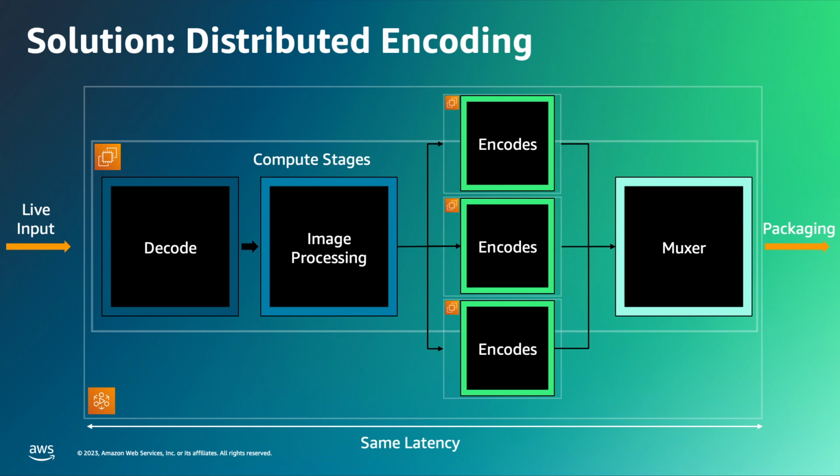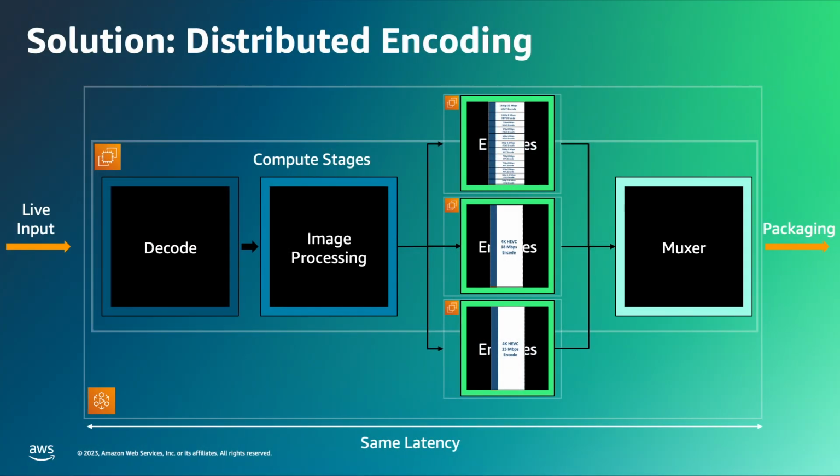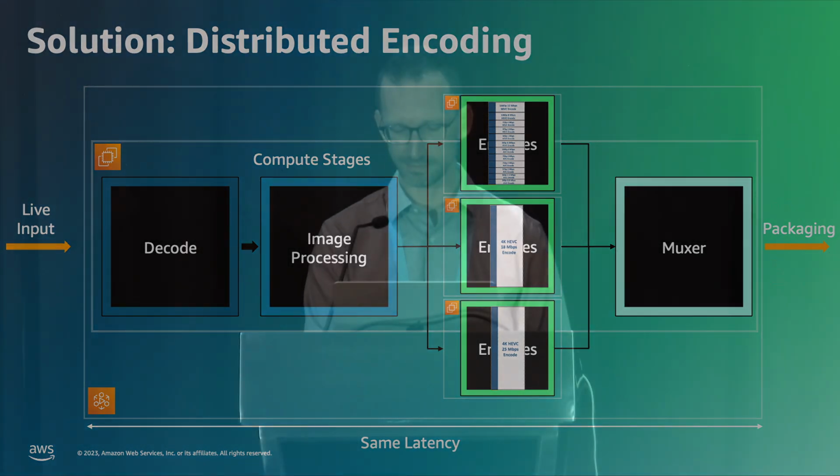If there's 14 outputs, that's a lot of data being sent over the network. And again, we have latency that we're worried about. If it takes too much time to send all these packets over to other machines to encode them and send them back, we're able to encode, but we're not doing it in real time. We're not going to be able to satisfy the latency requirements.